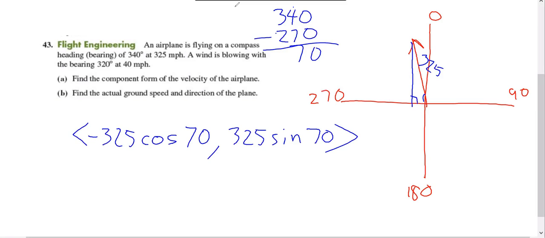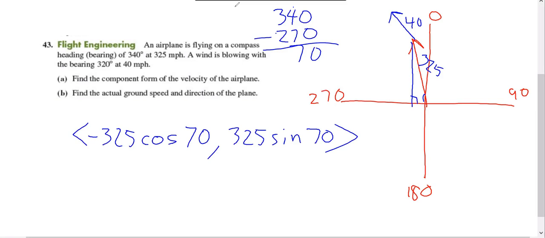Now, the next part: a wind is blowing with bearing 320 at 40 miles an hour. So it's kind of doing this a little bit at 40.